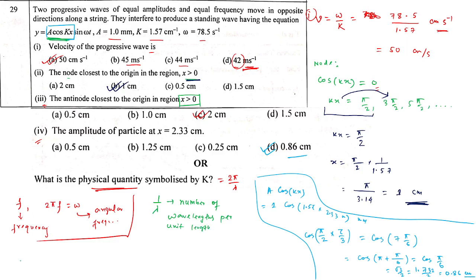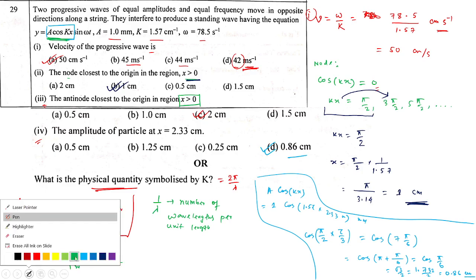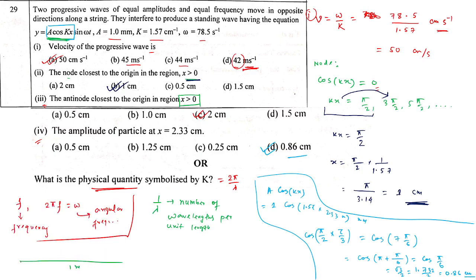What does it mean? Suppose this is a length. This is 1 meter. And suppose a wave is there. How many wavelengths are there? 1, 2, 3, 4, 5, 6, suppose 7. In 1 meter length, there are 7 complete wavelengths.